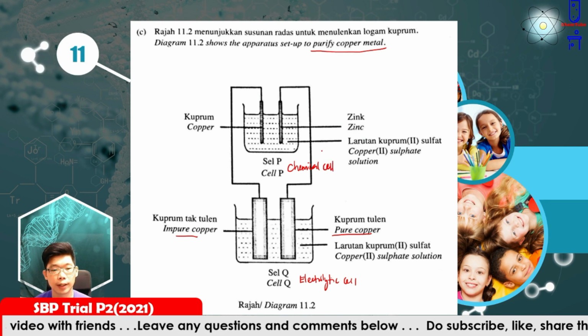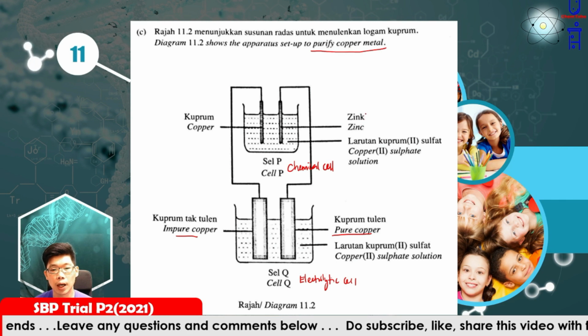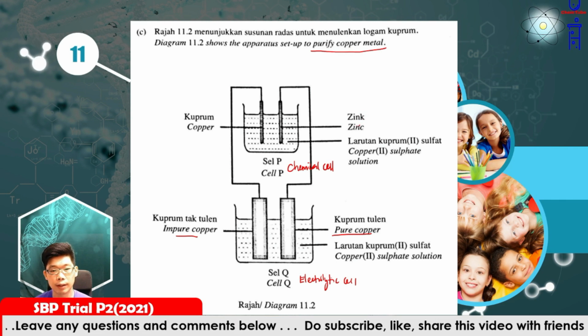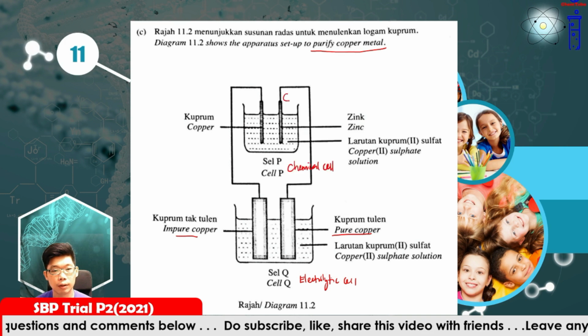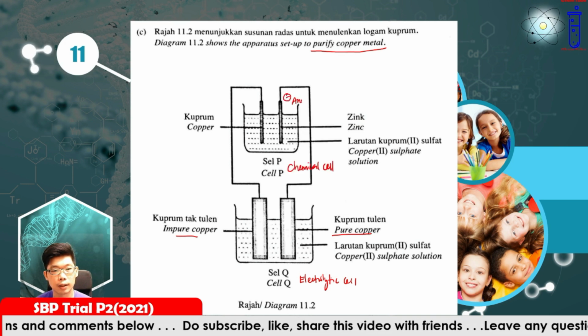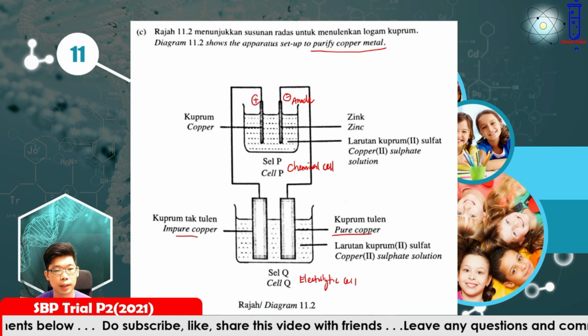For the chemical cell, let's see zinc and copper. Zinc's E0 value is more negative, so it becomes the anode, the negative terminal. Copper is more positive, so it becomes the cathode.